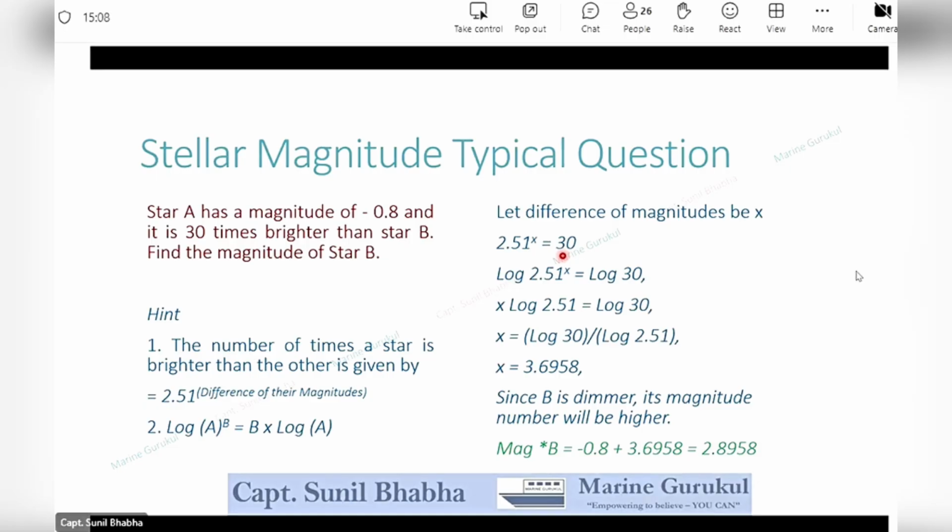Log 30 divided by log of 2.51. Something wrong, sir, there seems to be something wrong with the calculator settings. What about others, beta? Just try it out. Coming, sir, 3.695. Okay, all right, beta. Check the settings. Good, you noticed it now. At least it will not bother you in the exams.